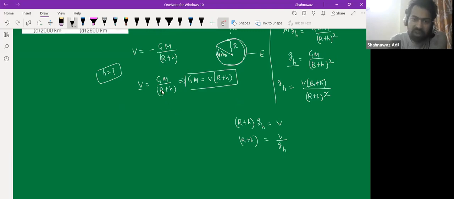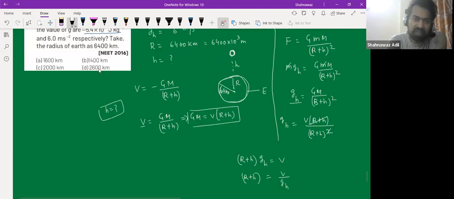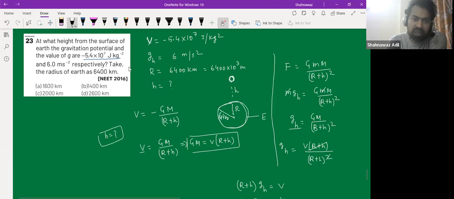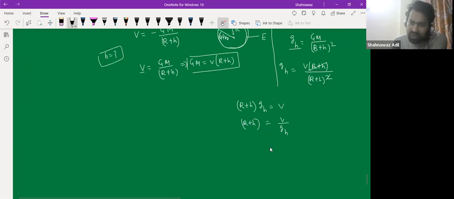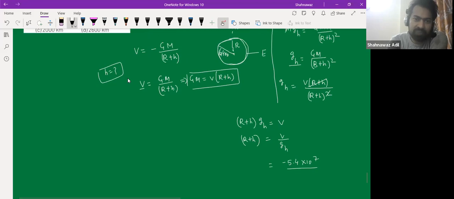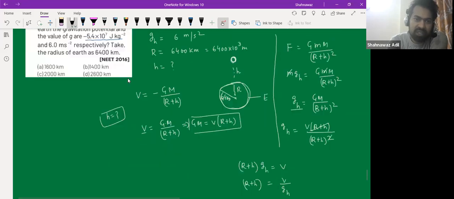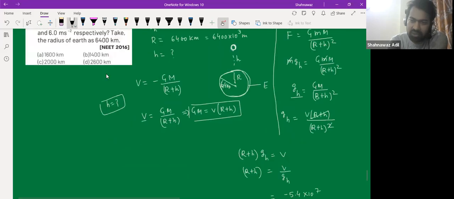So how much is V? V is minus 5.4 into 10 to the power 7. And gh is 6 meter per second square.